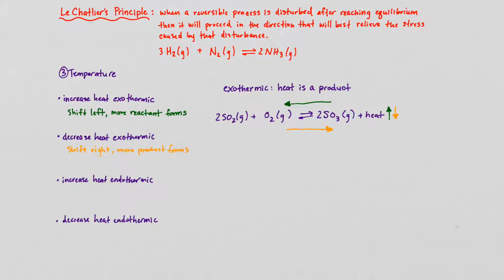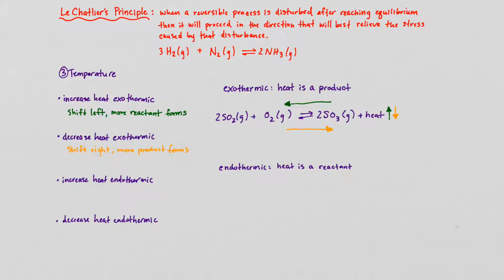Okay. On the other hand, we have an endothermic reaction. Okay, so I'm going to put endothermic. Okay, and there's lots of opposites here. So you can guess if exothermic is where heat is a product, you can guess endothermic is that heat is the reactant, or a reactant.